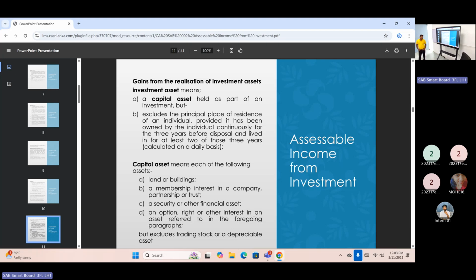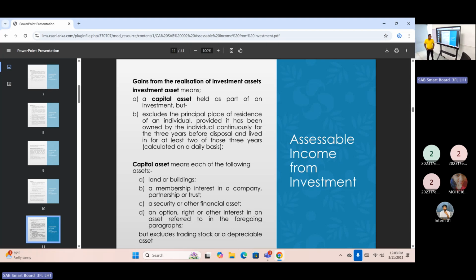A security or other financial asset. Security or other financial assets, debt security, just like the treasury bill, treasury bond, that type of securities, government securities.